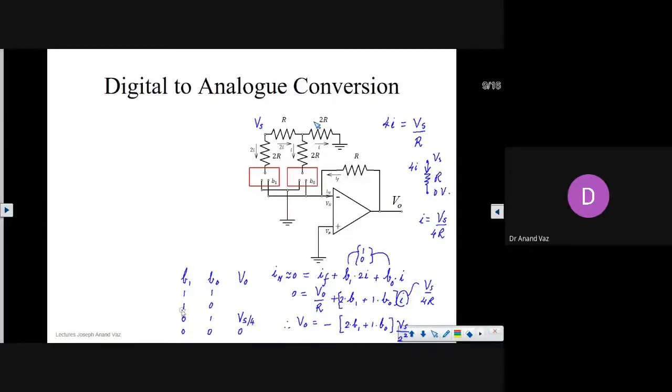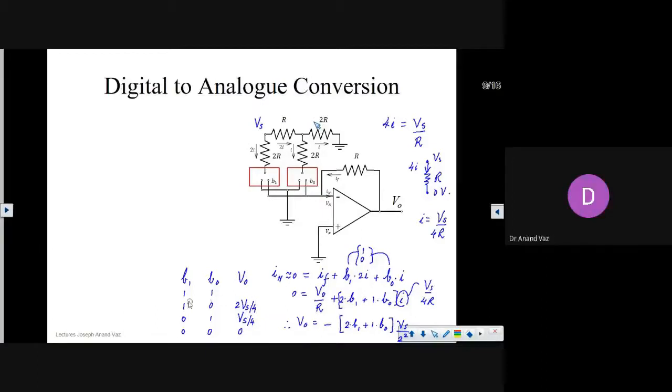When you have the combination of switches as 1, 0, here you have 2 into 1 plus 0. That is 2 Vs divided by 4.